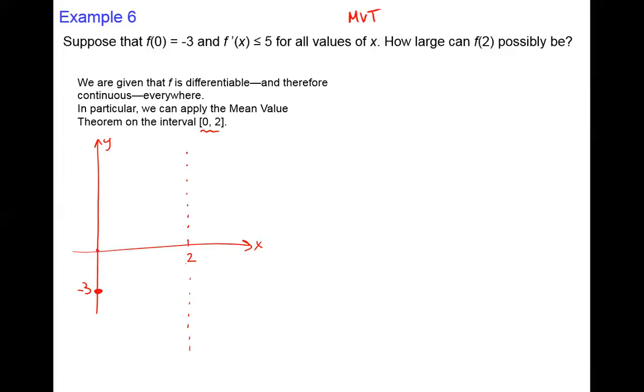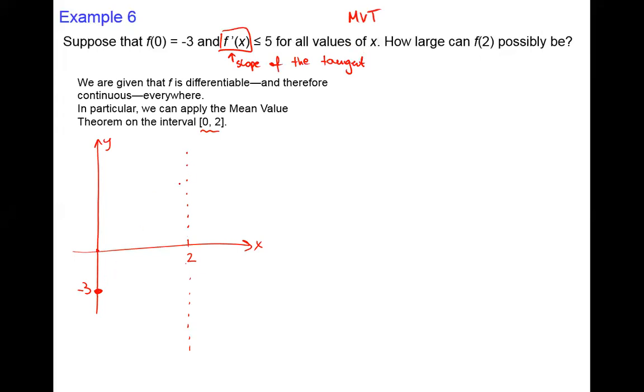But what I know is that the derivative for all of the values is 5, or I mean, 5 is the maximum, or could be less than 5. Derivative means slope of the tangent. Okay, tangent line.